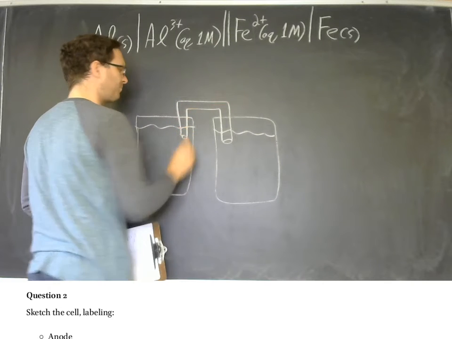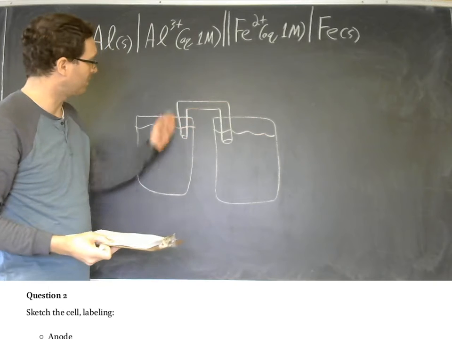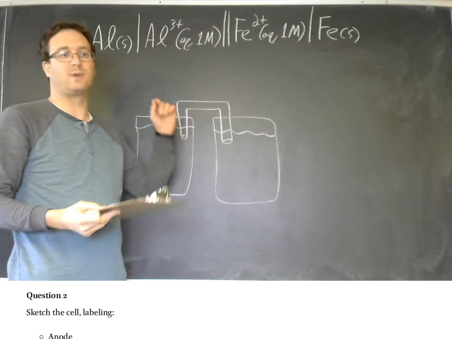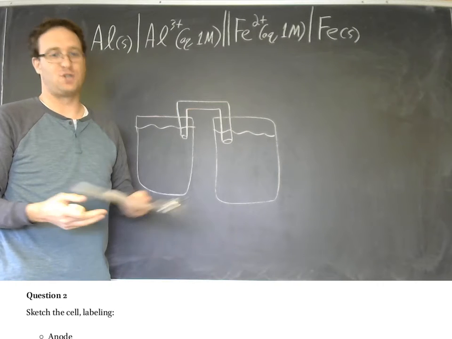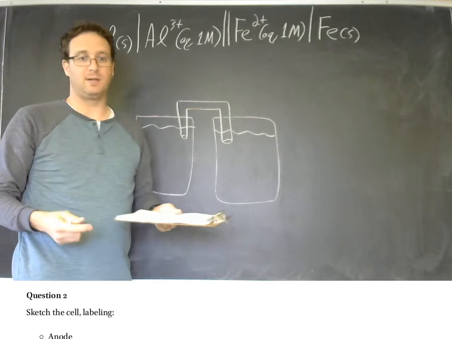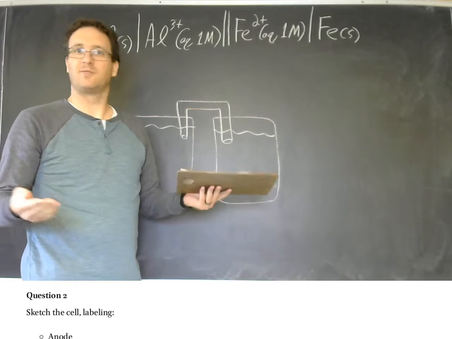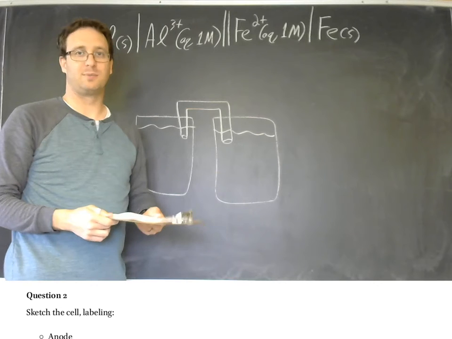And the salt bridge, what it physically is, can literally be a glass tube that's just packed with like a gel that is infused with ions or something like that. It could also be a damp piece of paper that was soaked in a salt solution. It can be as simple as that.